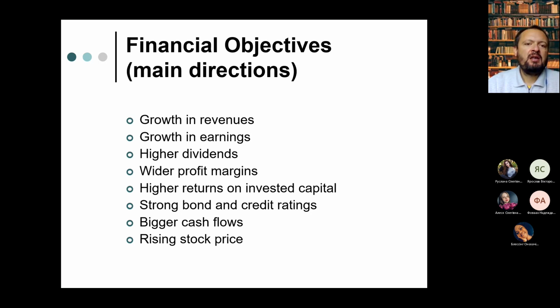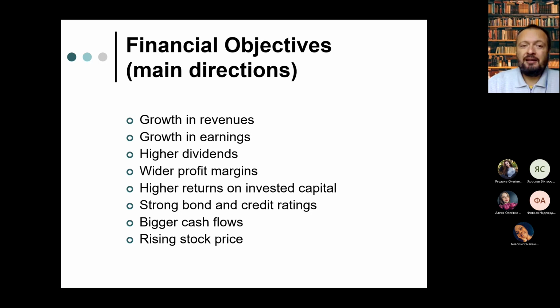If you prepare such an objective, like for example, it is written here, growth in revenues, it means that we do not have any figures here, so this objective is not measurable, and we don't have a deadline here, and this objective is not supported by tasks, so it's just a phrase.